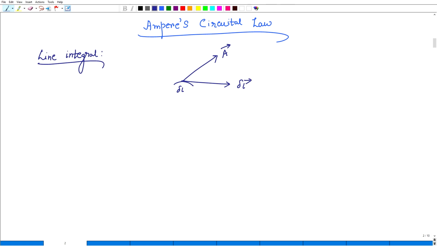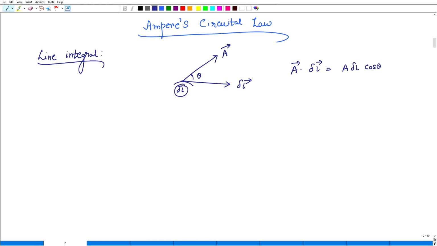The magnitude of the dl vector is given by the length of this dl segment. And the angle between this A vector and the dl vector is theta. Then what will be the dot product? A dot dl will be A dl cos theta. Okay. So, this is for a very small dl section.